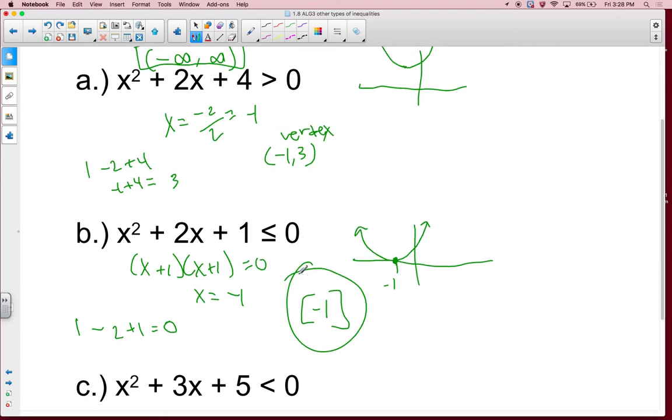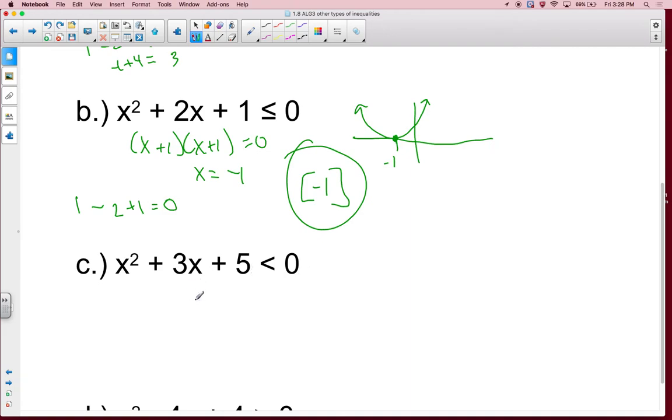Okay, the next one here, if you plug this in, well, it can't be factored. So we'd have to use the quadratic formula or completing the square. And you'll end up getting an imaginary solution. If you get an imaginary solution, you know that it's going to be entirely above your x-axis.